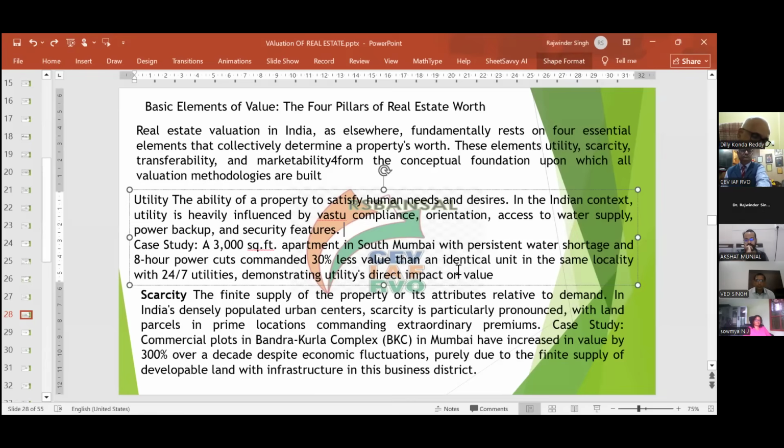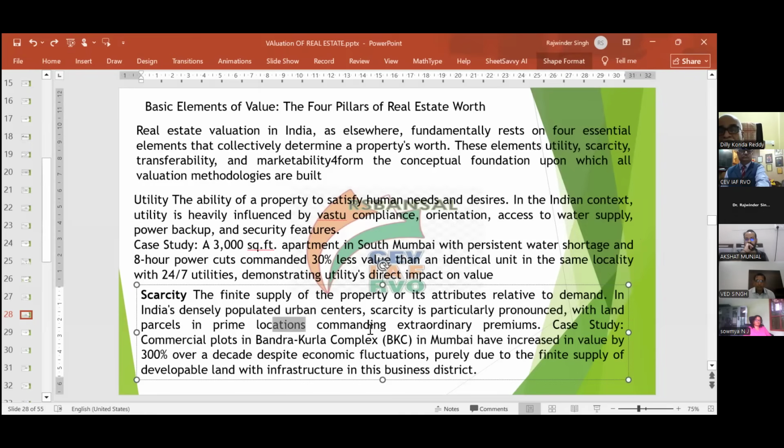Next is scarcity. So scarcity, the finite supply of property or its attributes relative to demand. Because in India's densely populated urban centers, scarcity is particularly pronounced with land parcels at prime locations commanding extraordinary premiums.